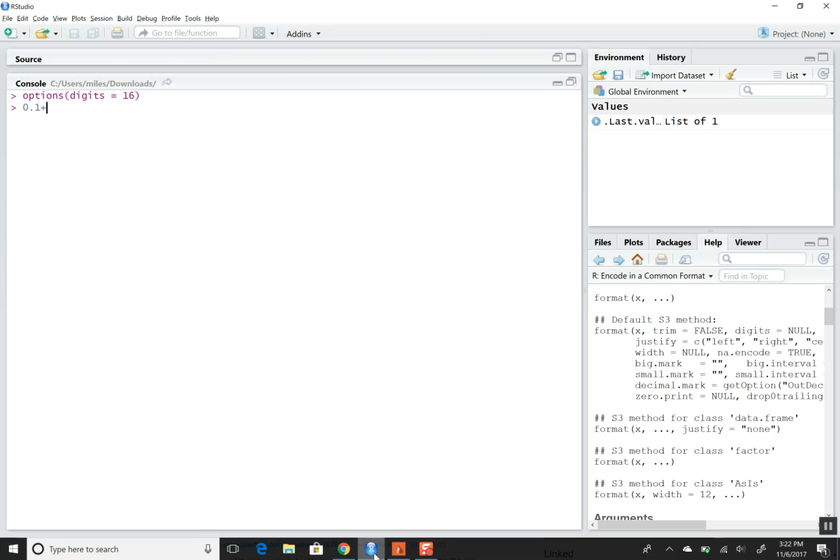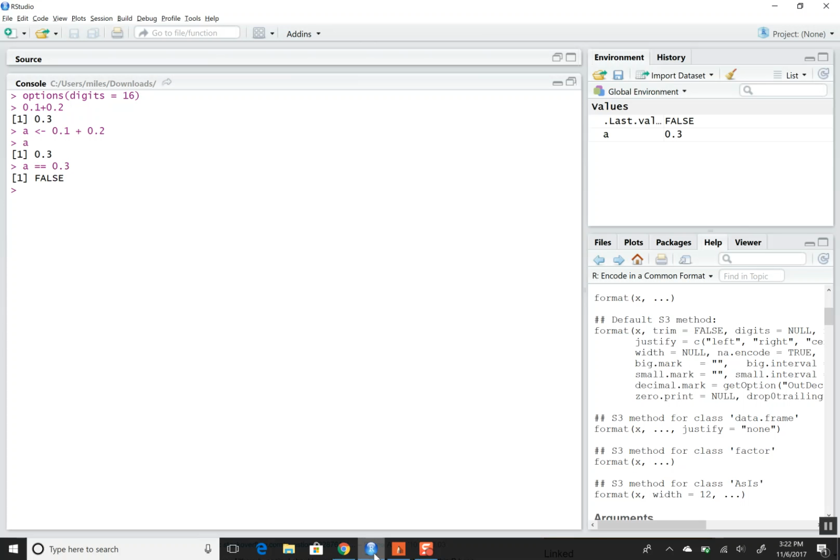If I do 0.1 plus 0.2, it says it's 0.3, right? So let's store 0.1 plus 0.2 into A. What is A? A is 0.3. But then if I say, is A equal to 0.3, it says false.